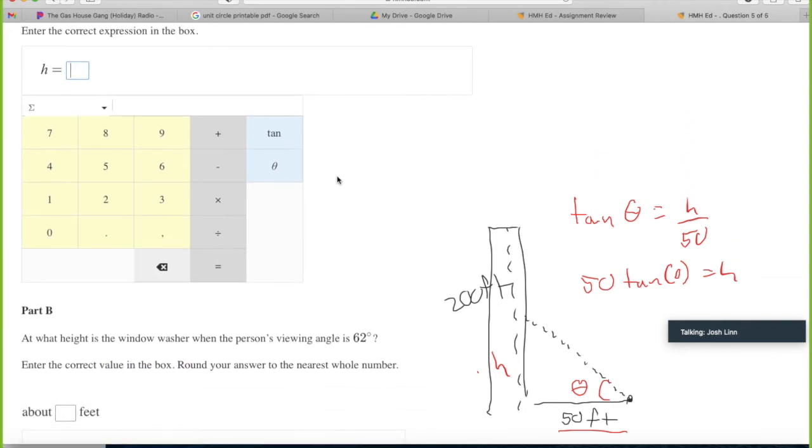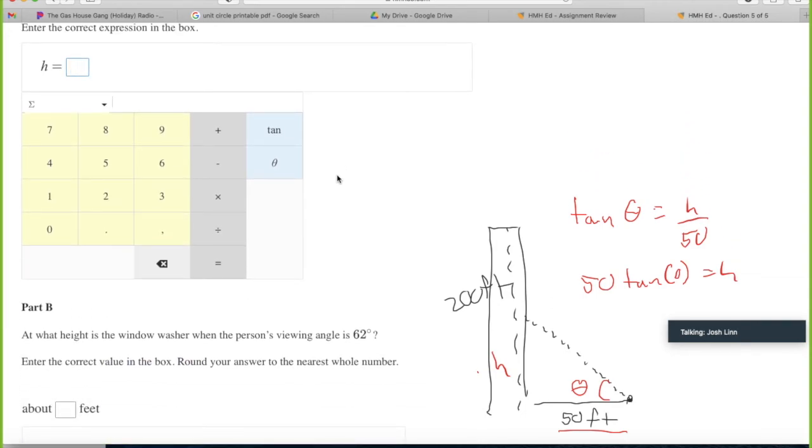At what height is the window washer when a person's viewing angle is 62 degrees? Enter the correct value in the box, round to the nearest whole number. So when they say that, I mean, it would have to be in radians if we were talking about, well, no, doesn't matter. Never mind. Round to the nearest whole number.